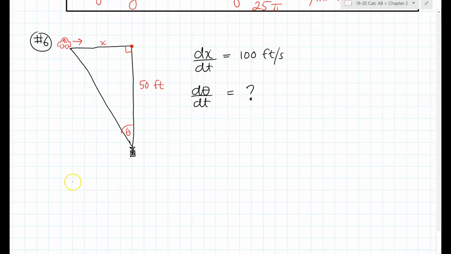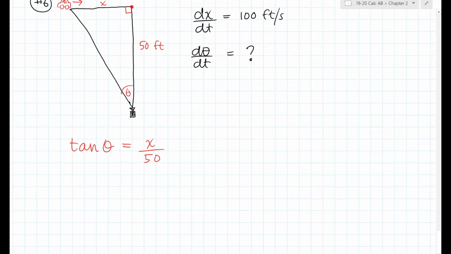So we're going to use tangent of theta equal to x over 50. The 50 can stay because that's a constant. I don't have to put y or anything like that. That's never changing, so I can plug it in. Let's take a derivative of both sides. The derivative of tangent of theta is secant squared theta d theta/dt.